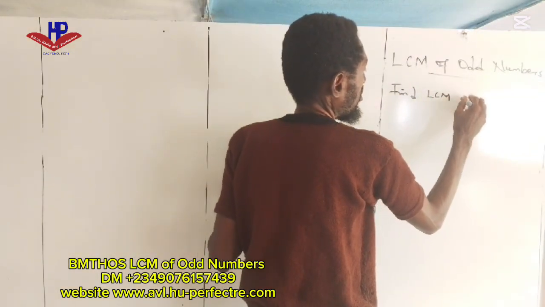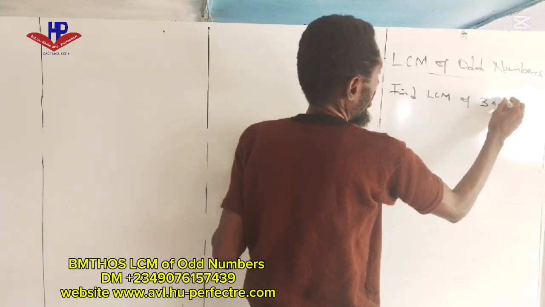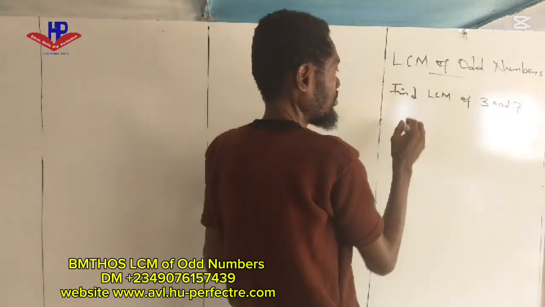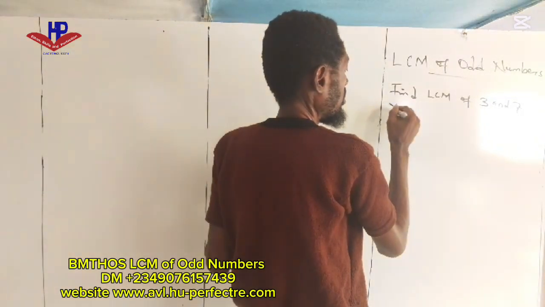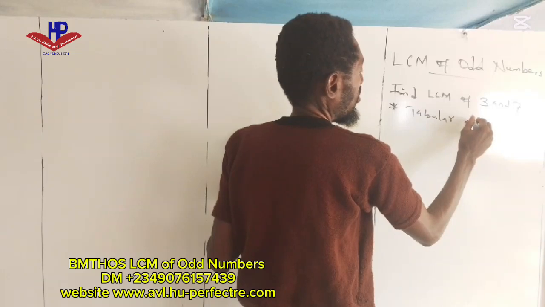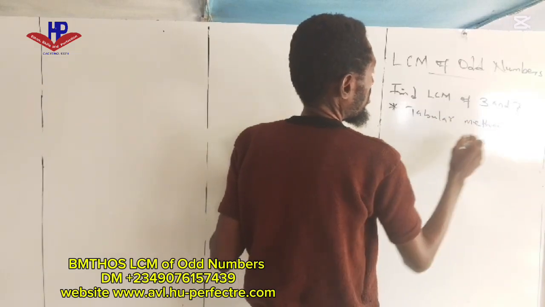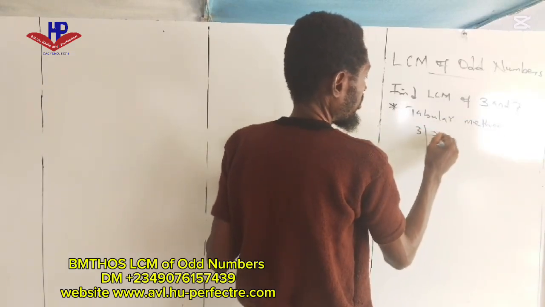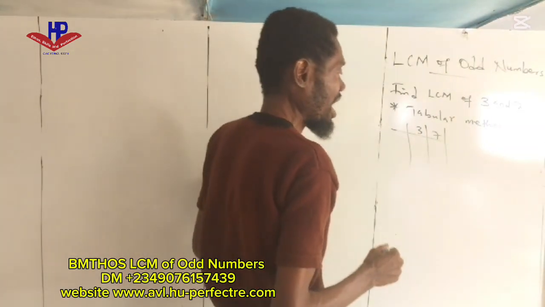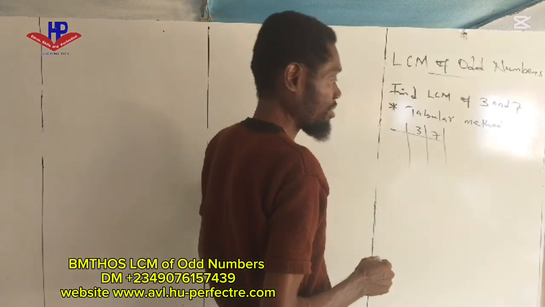Example: find the LCM of 3 and 7 using the tabular form. We've already dealt with that. Write your 3, write your 7, create a space for your factor. What can divide 3 and 7 at the same time?